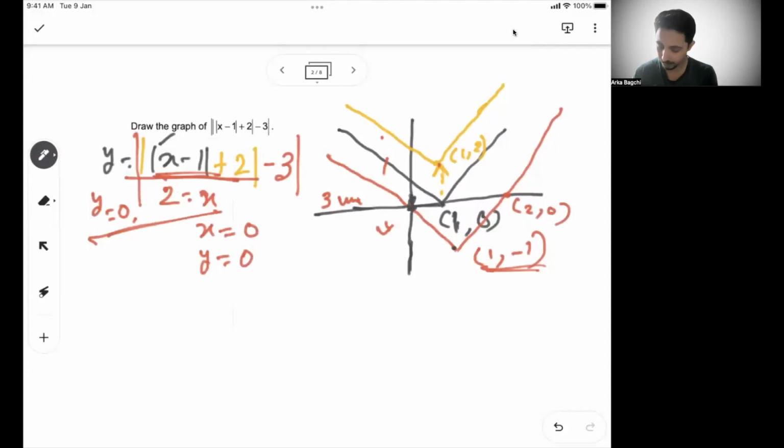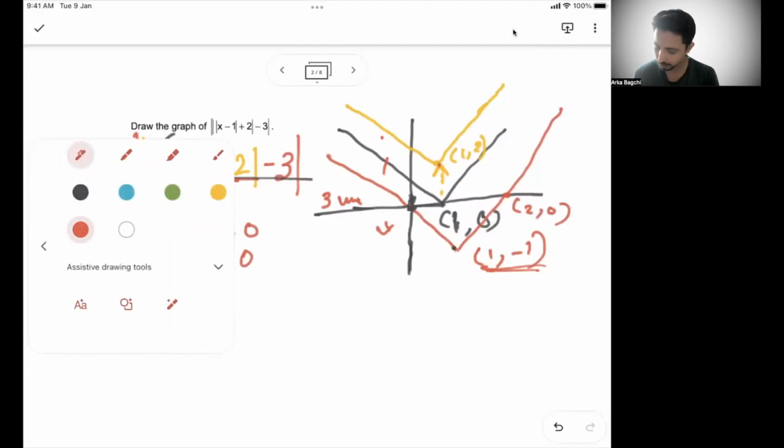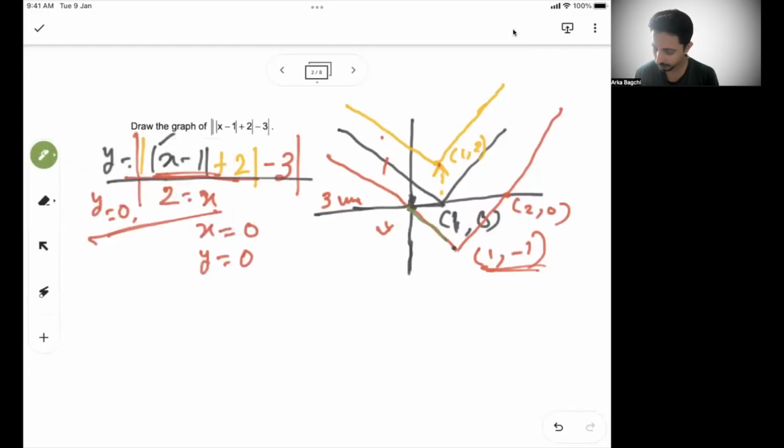Now what we need to understand is the whole thing has a mod. That means this part can never be a negative value. So this part will go on top. So basically, what was your graph? Your graph was like this. Let's say it is passing through origin.